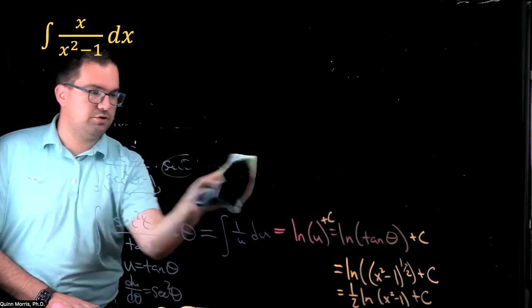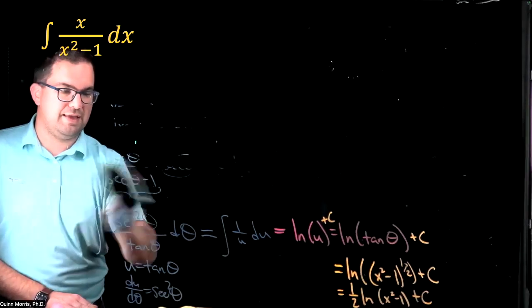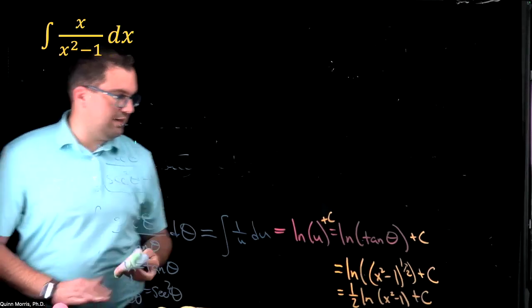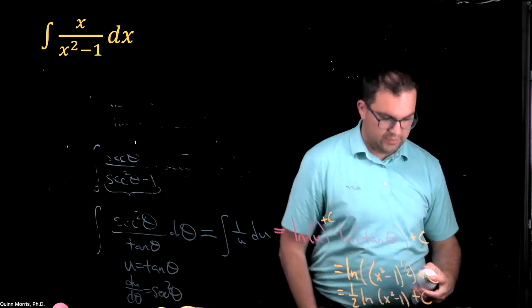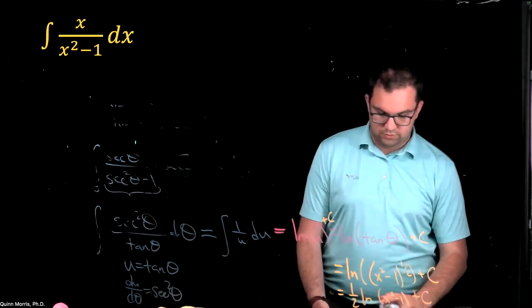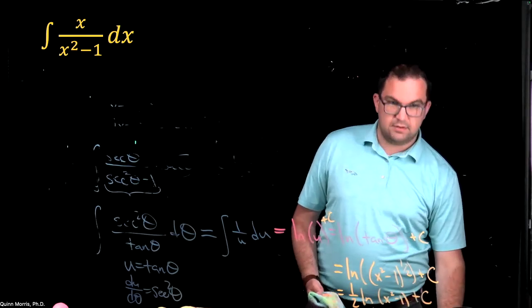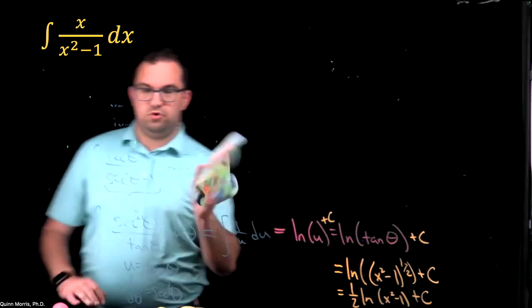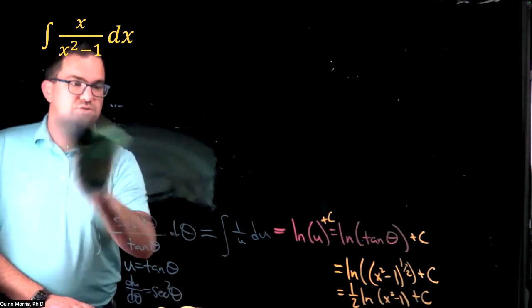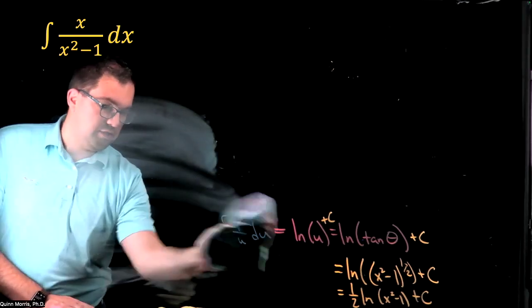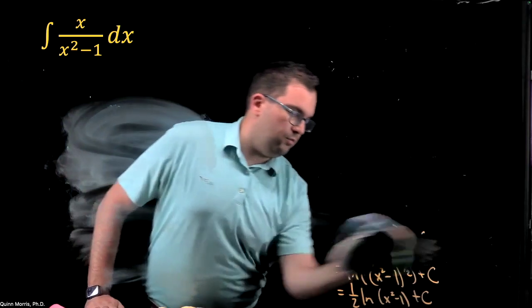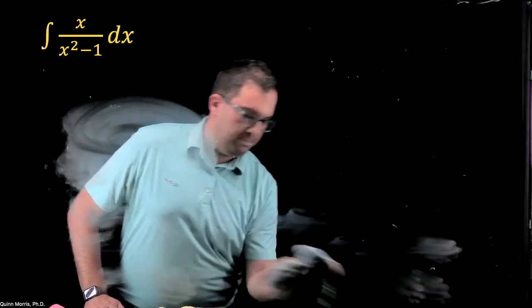So I try to default to U substitution if I can. If that's causing some problems or it's not working for whatever reason, then I may switch to some other method. But you need to choose a method that you are really comfortable with, make that your primary method, and if that works, great. If not, we'll move on to another one.